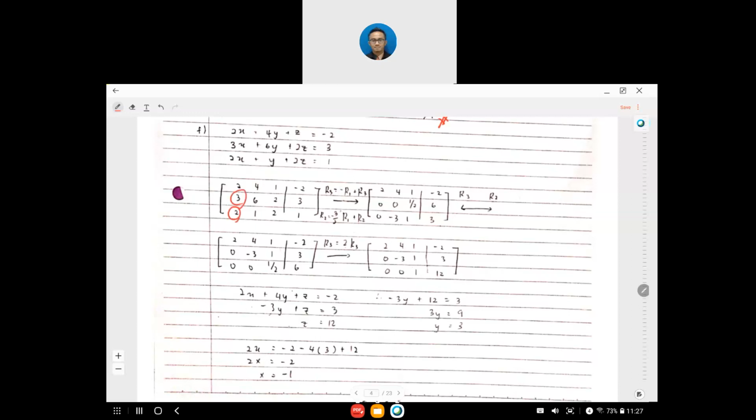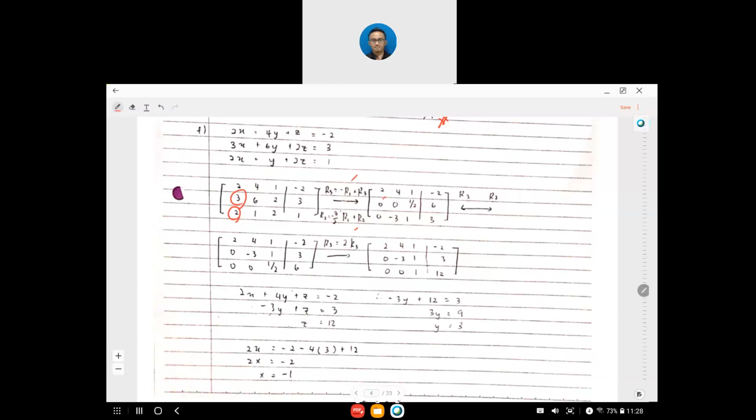Row 3, negative row 1 plus row 3, and then row 2, negative 3 over 2 row 1 plus row 2. And then you can get for row 2, 0. Here you can get, is it 0 here?